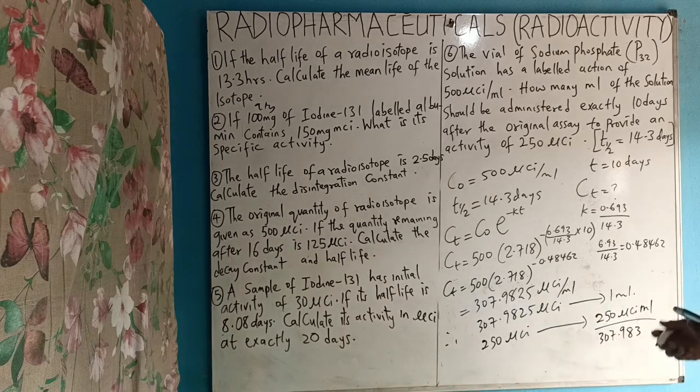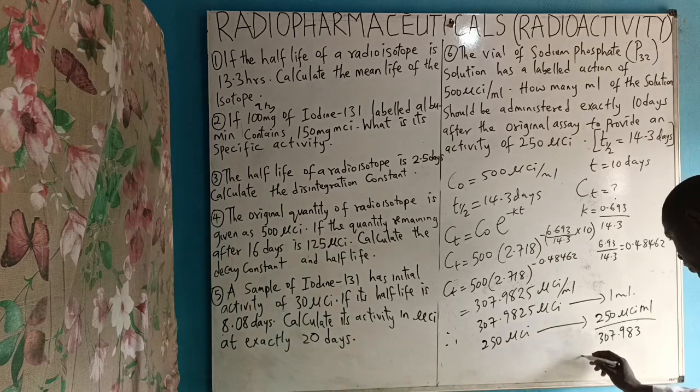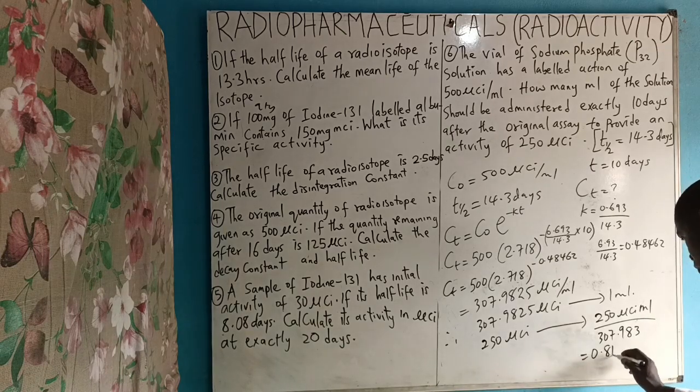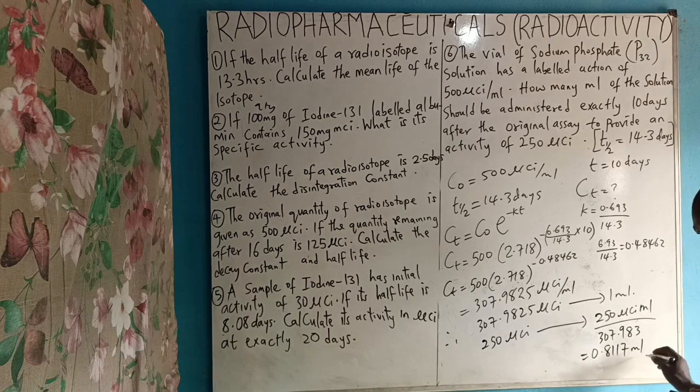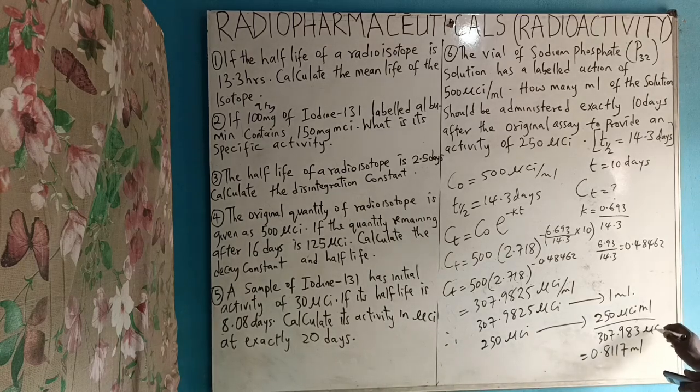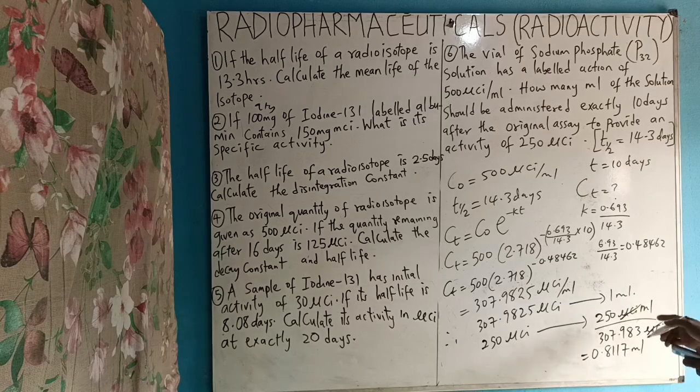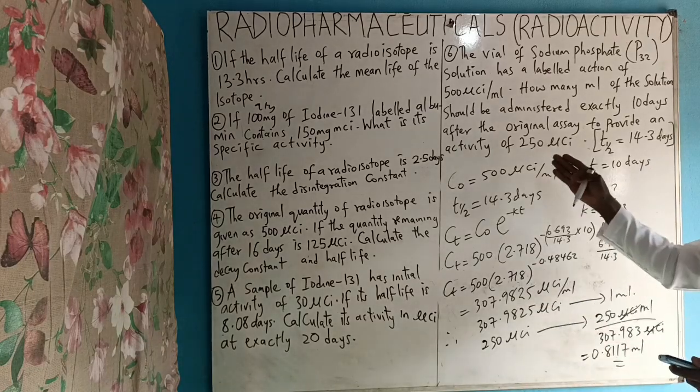So you will have it as 250 divided by 307.983. That will be giving me 0.8117 ml, because the microcurie will cancel out, leaving you the ml. So that is the solution to this question.